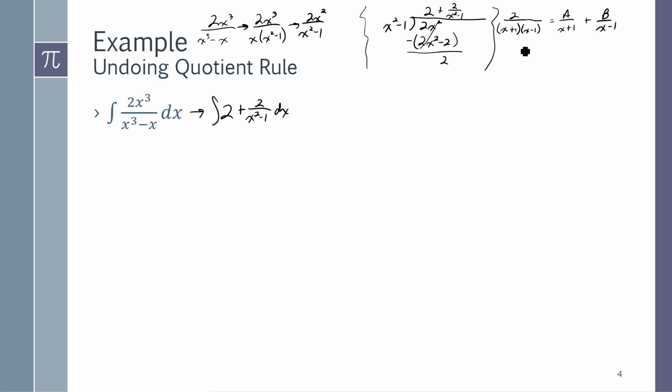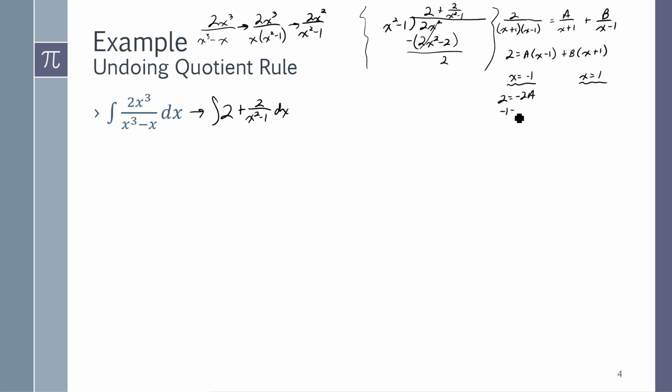Multiply by the common denominator. What would make my denominator 0? So if x is negative 1, and if x is positive 1. So if x is negative 1, I get 2 equals negative 2a plus 0.